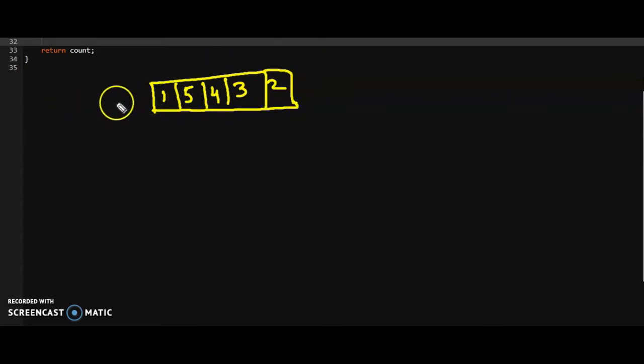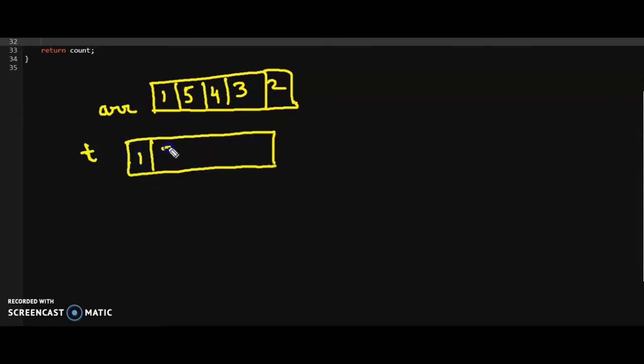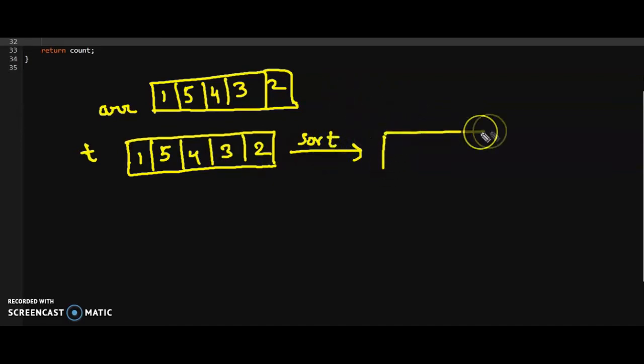So let's say this is the array, and we have to take another array of the same size, right? What I will do, I will copy all the elements into this array: 4, 3, 2. Now I will sort this array. Why I am doing this, we will see later on. I am sorting this array.